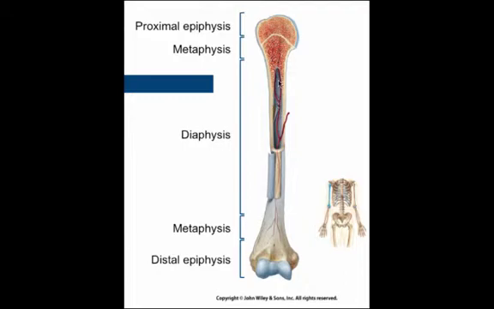We see that in blue here. This region is known as the medullary cavity. It's a hollowed out space inside of the bones, and what it actually does is it allows our bones to be a lot lighter, which is a very, very good thing. It allows us to move much quicker, as well as use fewer calories when we're trying to move our bodies.